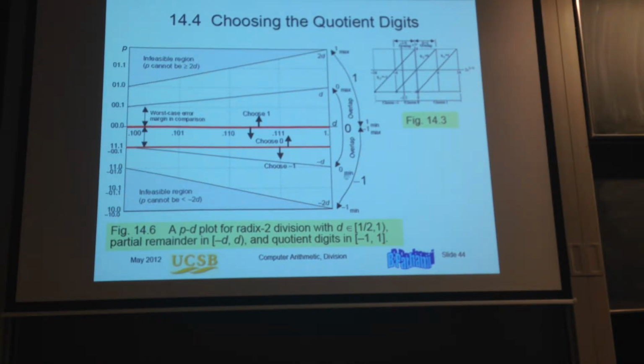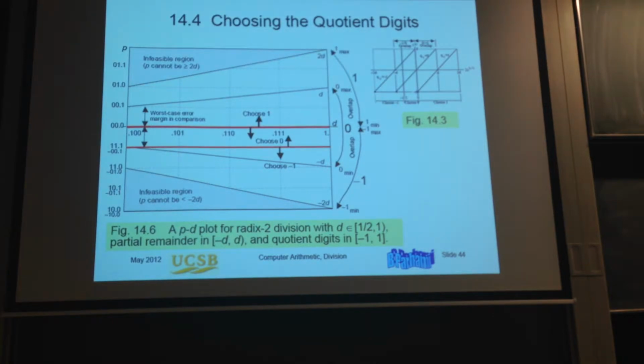If I am in this area under 0, I can choose a -1 and do an addition. You see there is an overlap. From here to here it's -1, from here to here it's 1, from here to here it's a 0.